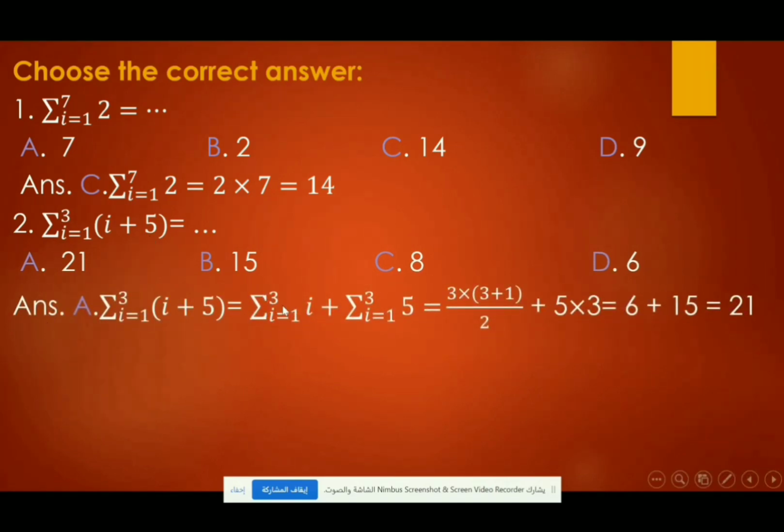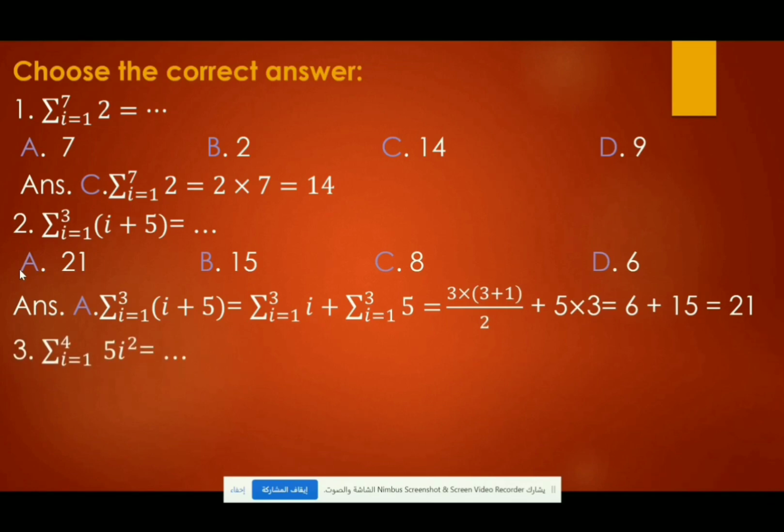Summation of i from 1 to 3 of i plus summation from 1 to 3 of 5. Look, we distribute the summation for each and use property number 4, which is 3 times 3 plus 1 over 2, plus, using property number 1, multiplying the constant by n, 5 times 3. Then you will get 6 plus 15, which is 21. So the result is A.